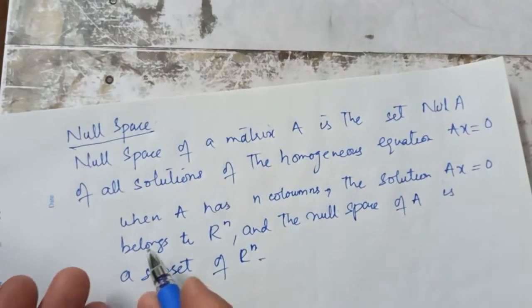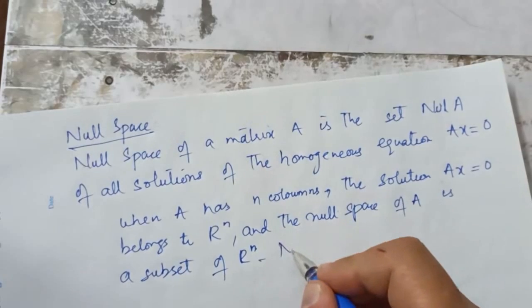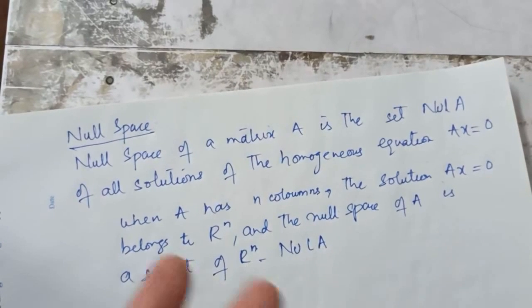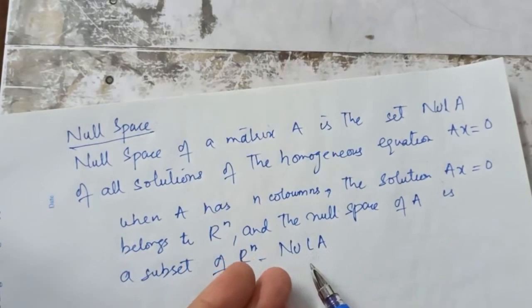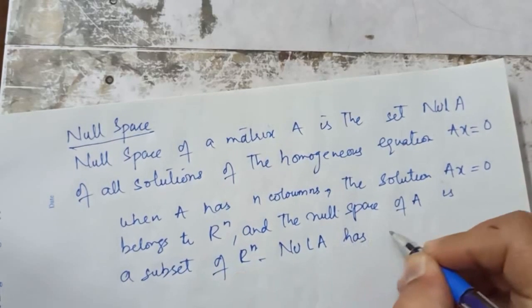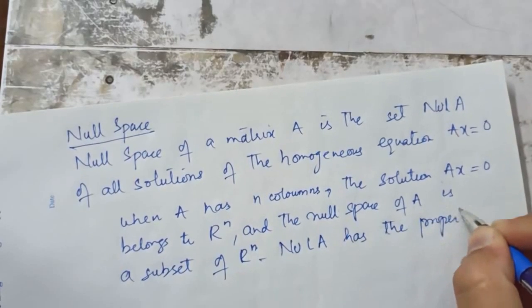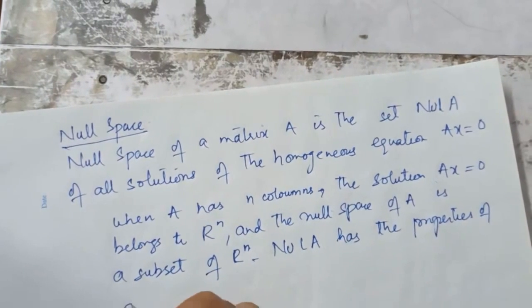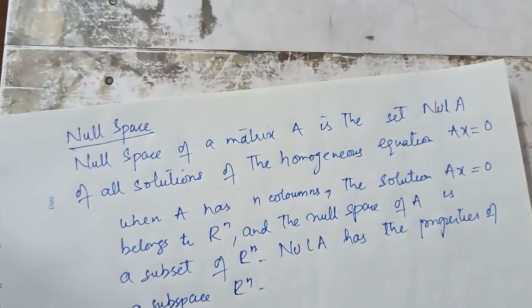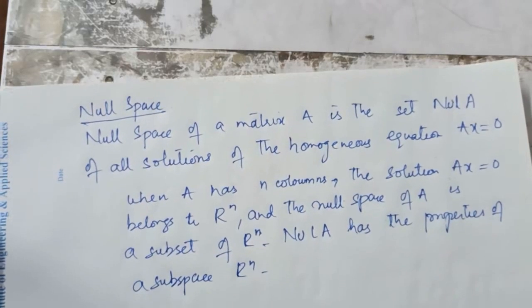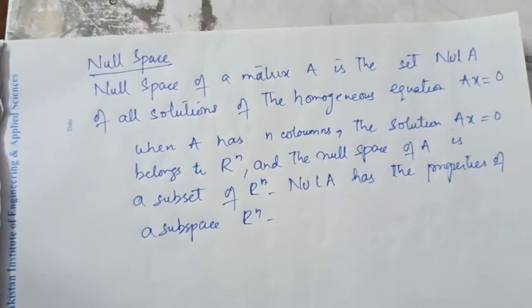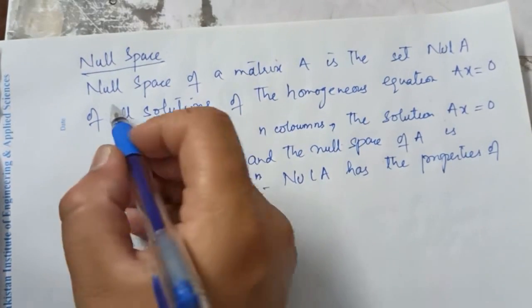In fact, if you look at this definition, you can say the set Null A has the properties of a subspace of Rn.